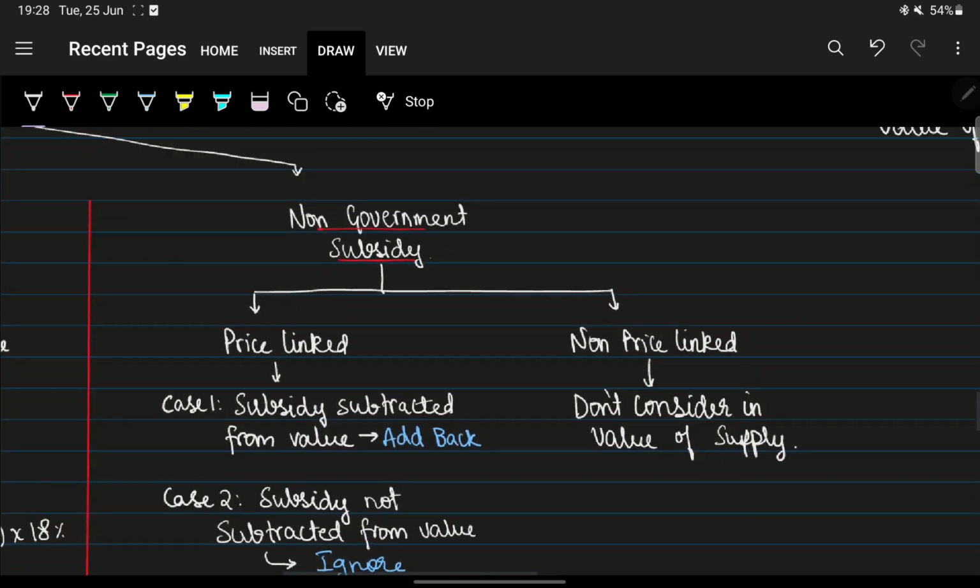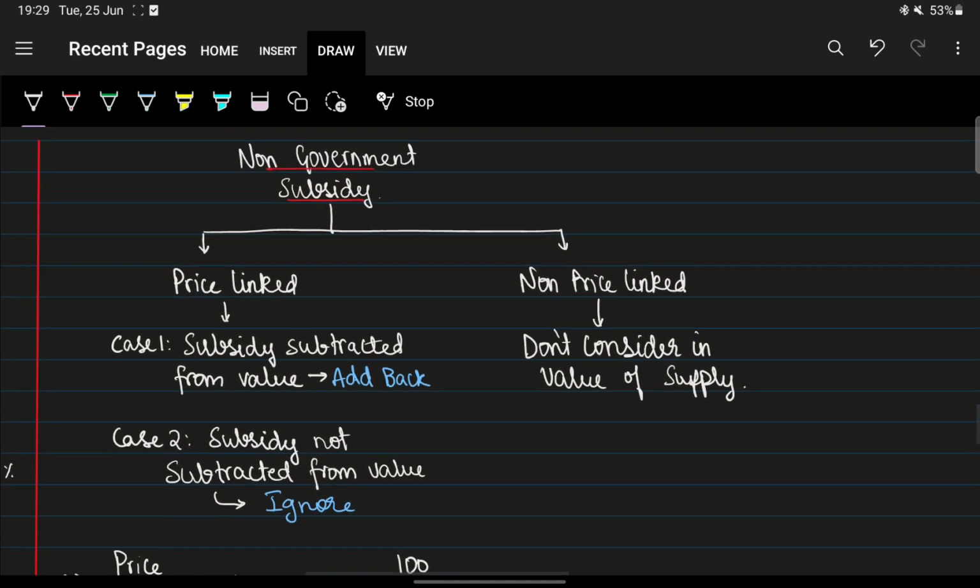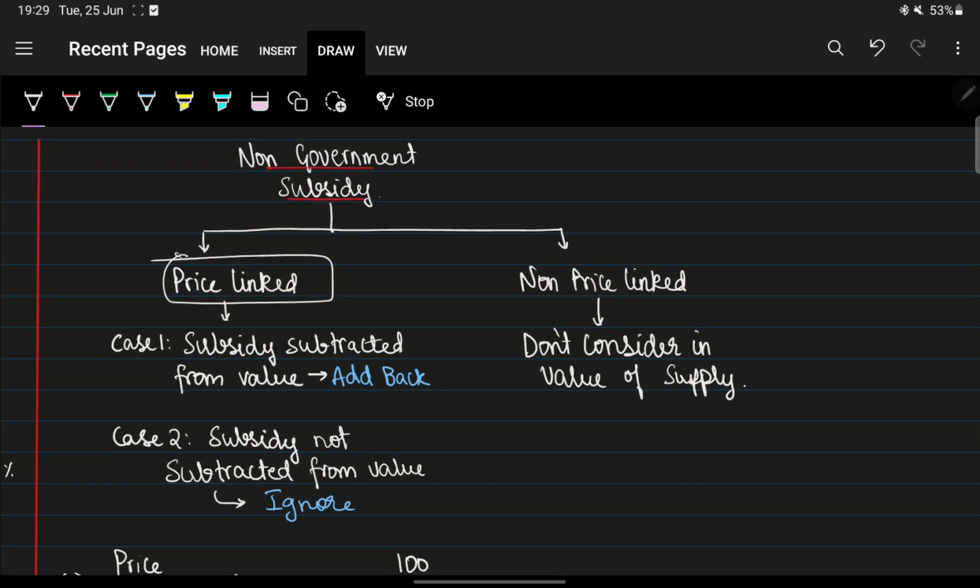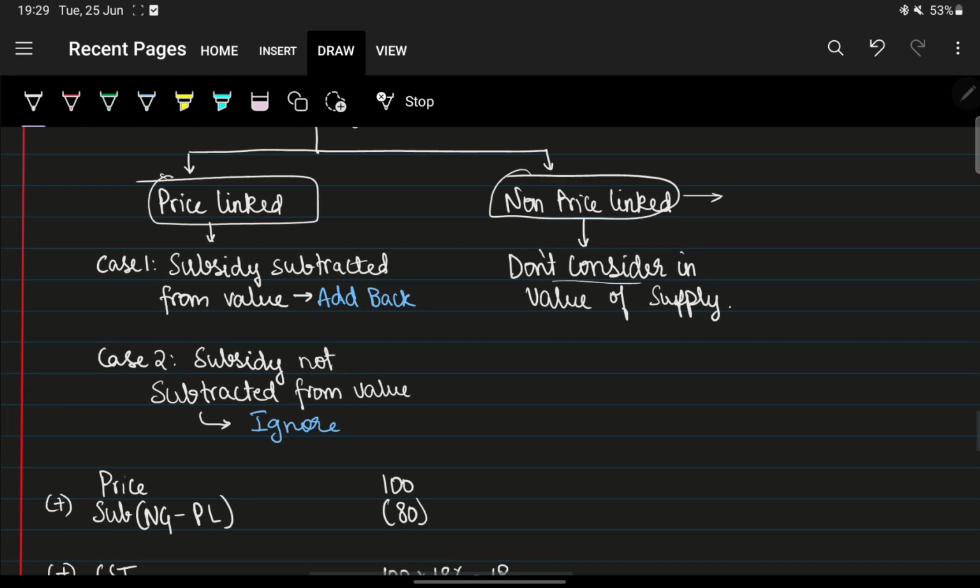Next, here in non-government subsidy, there are price linked subsidies and non-price linked subsidies. Here basically they're not giving any subsidy to the price of the product, meaning we should not consider it in the value of supply. Don't do any changes, or it should not be in the calculation of valuation of supply.